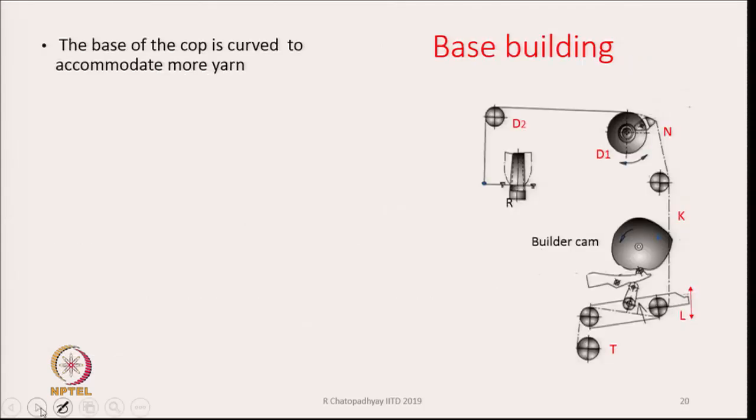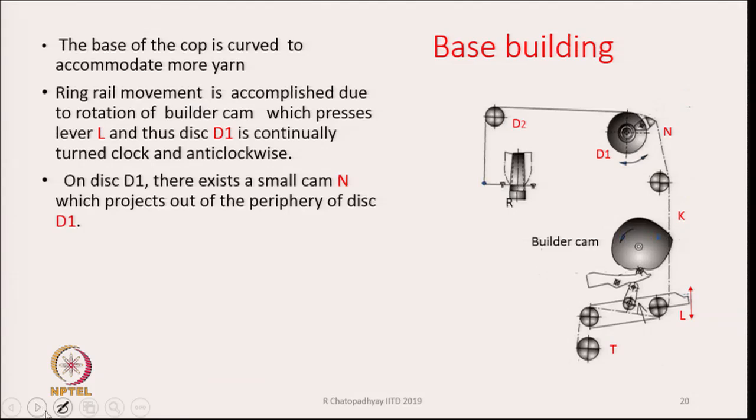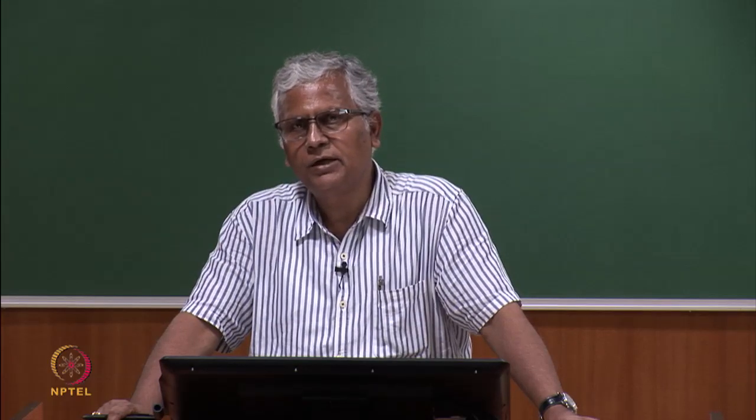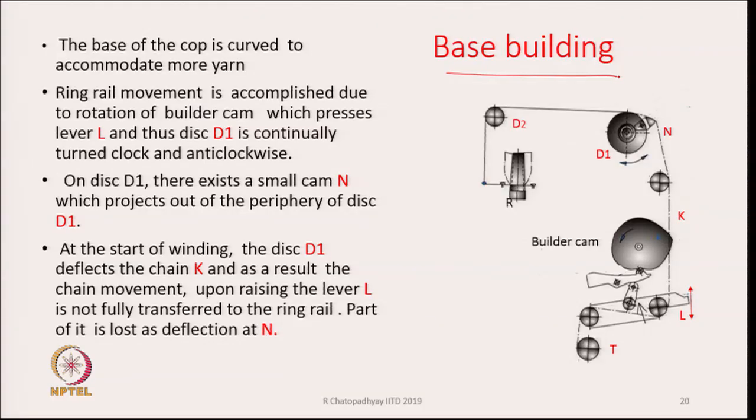The other thing is, we will discuss a bit about the base building, which is also special, because if we go to any ring spinning machine and observe the building mechanism part, you will see that there is some additional feature in the building motion which helps build the base part faster, and that is why we have written it here.